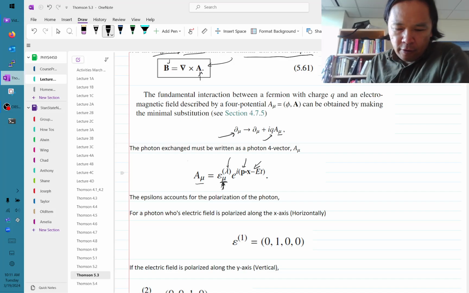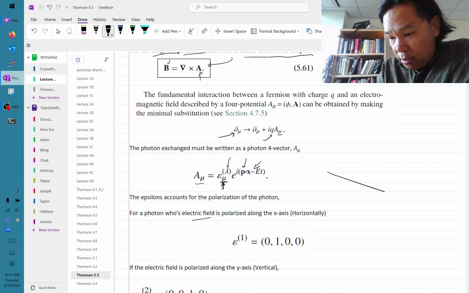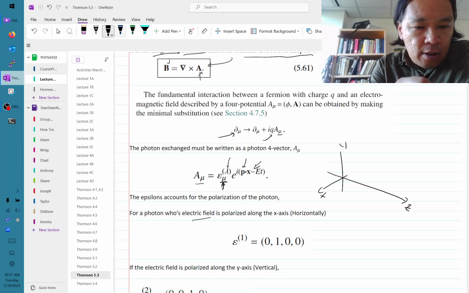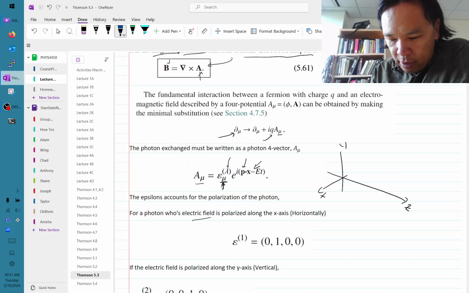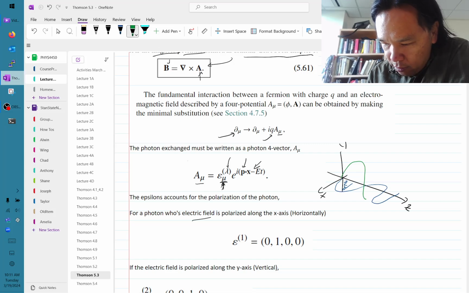Okay, so for a photon whose electric field, right? So remember when you have a photon, let me draw that actually. Let's say it's going along the z direction. You have your x and your y's. So some electromagnetic wave will have its electric field polarized along the x direction, and then the magnetic field pointed along the y direction.